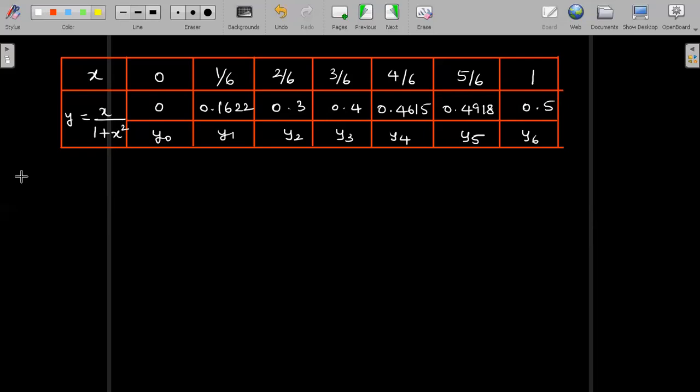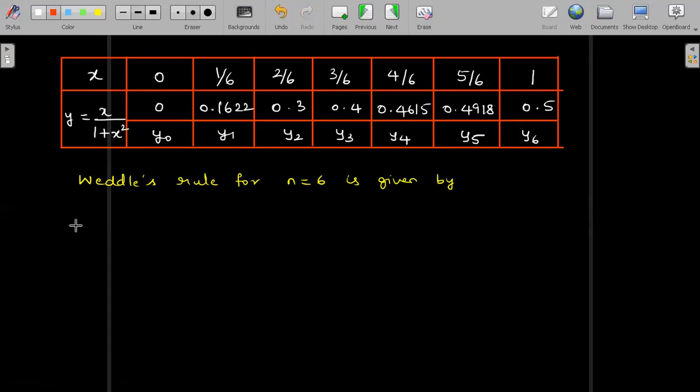Now, it's an application of Weddel's rule for n is equal to 6. So Weddel's rule for n is equal to 6 is given by, let us write down the formula first.